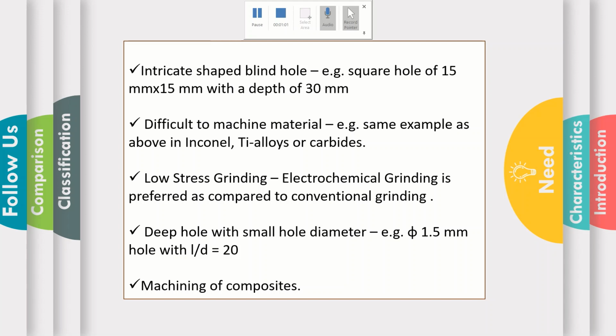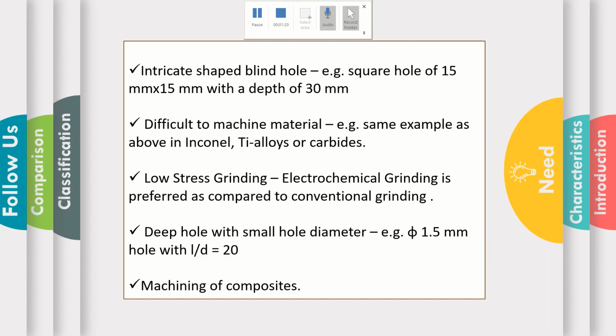Again, here we can say if you want to machine Inconel material or carbide material, then we can go for the non-traditional processes. Again, for low trace grinding we can use non-traditional processes.